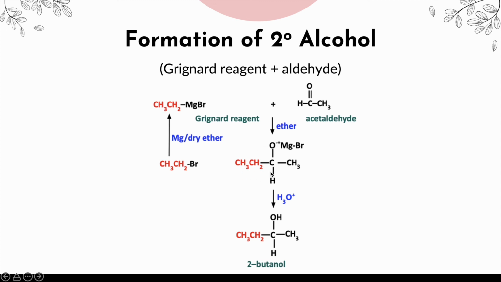This is the product, followed by reaction with H3O plus, and then the H plus will replace the MgBr, making the secondary alcohol over here. The OH is attached to carbon, that is secondary carbon. This is the secondary carbon. So this is the formation of secondary alcohol.